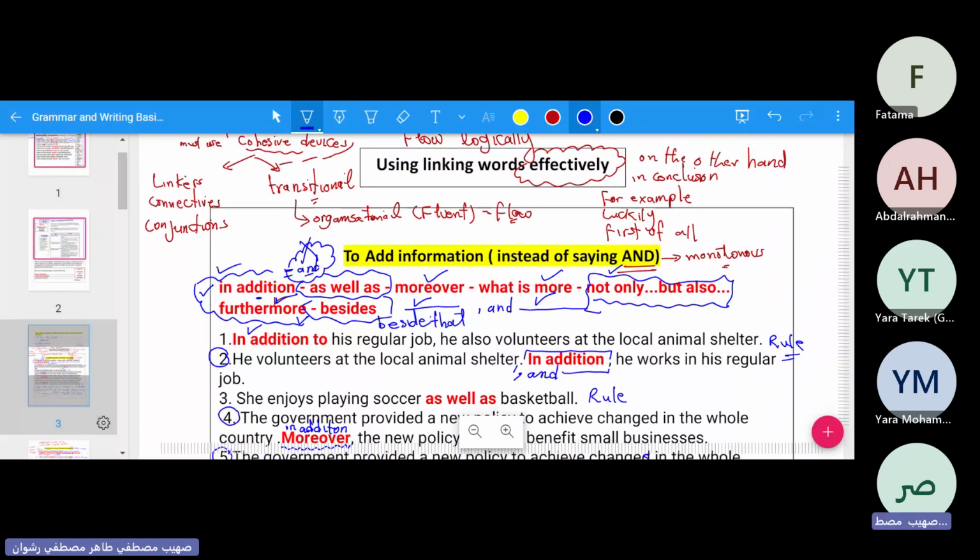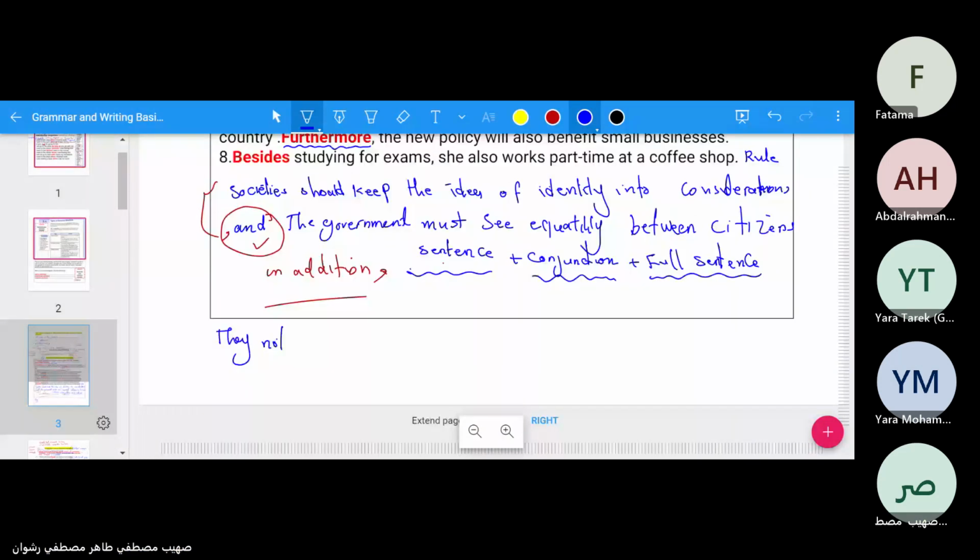Okay, so what if in this sentence I said they noticed the difference in its color?